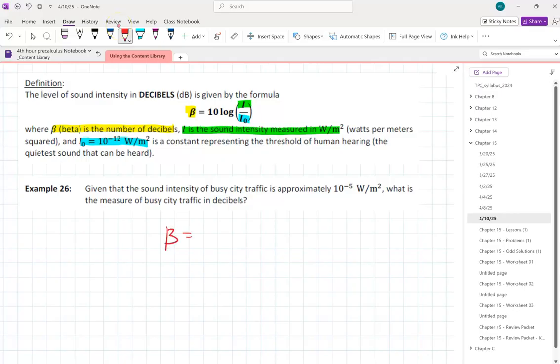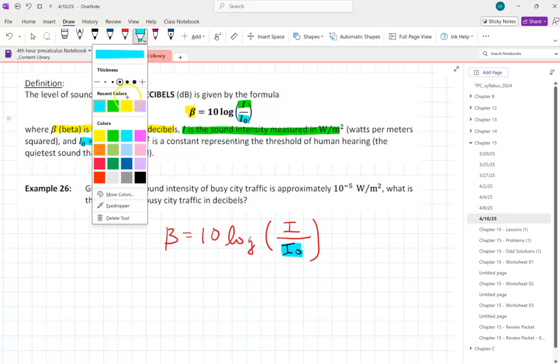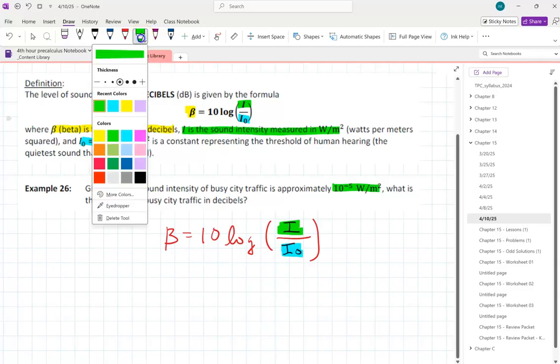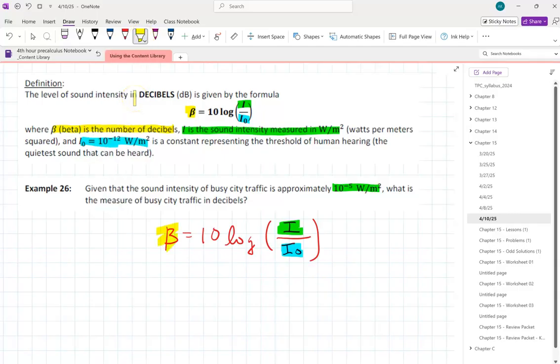So we're asking for something in decibels, so I know we're going to be using this model that we just went over. We know I naught is just the constant. I is given to us in the problem, and we're looking for that beta. So we'll just fill in.